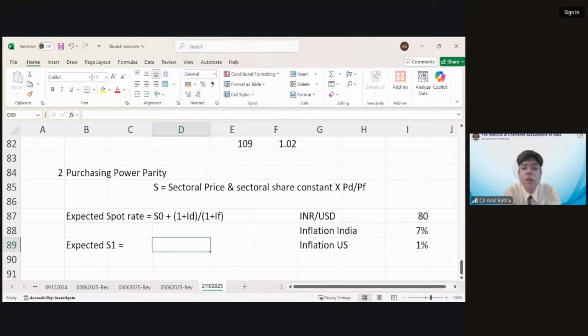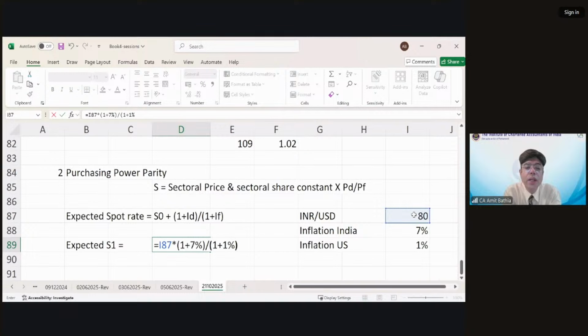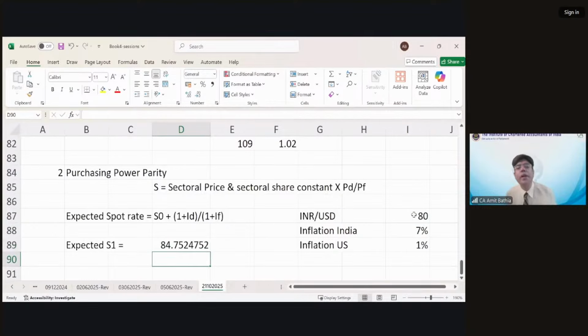Spot rate is 80 multiplied by 1 plus 7%, because that is domestic currency, upon 1 plus 1%, which is foreign currency. So I'll get 84.752475.